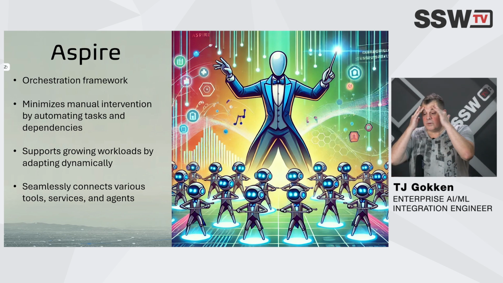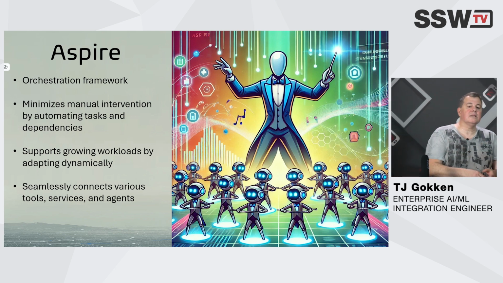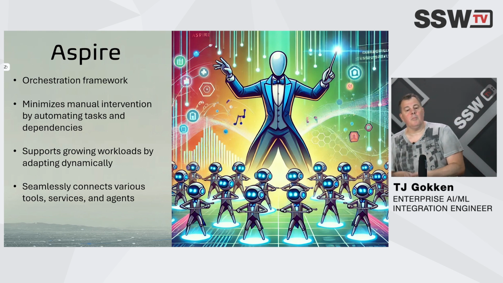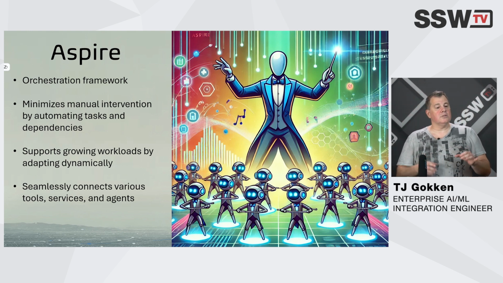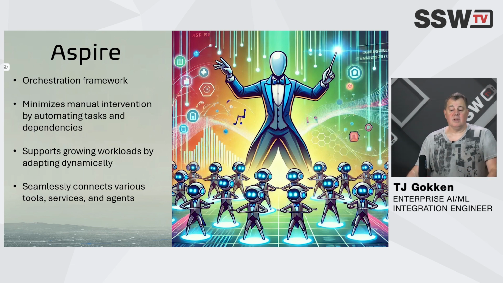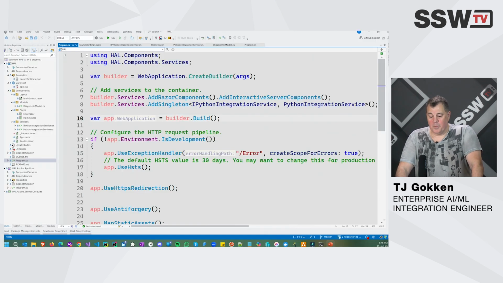So instead of us compiling this Rust binary and then copying it and then running Python and whatnot, we're going to tell Aspire to manage everything for us, fire these things up, and have the website ready for us, and then we can just consume this. So let's see, and hope that it works this time.